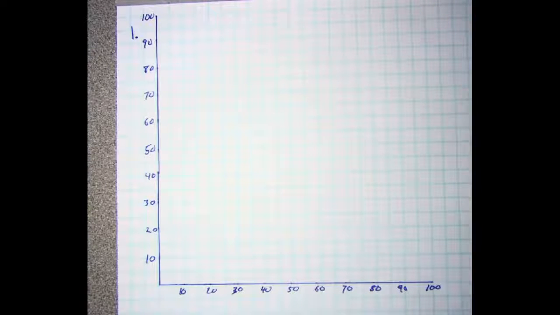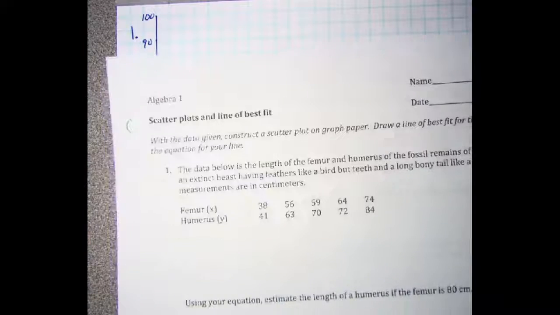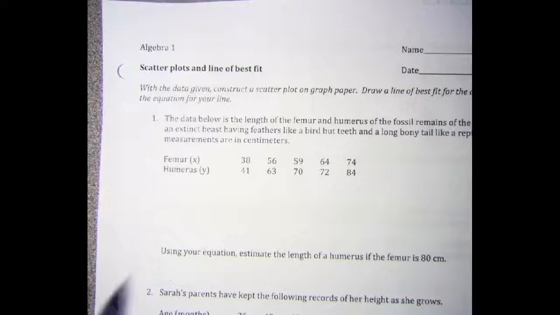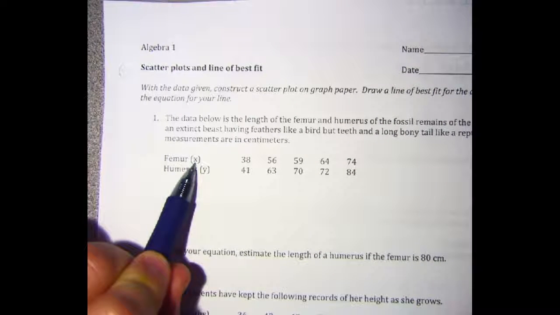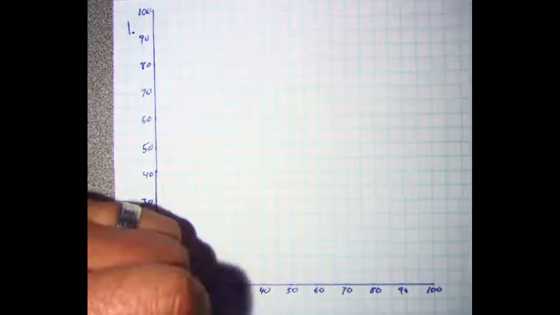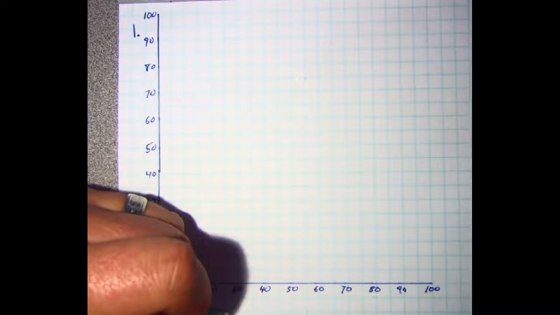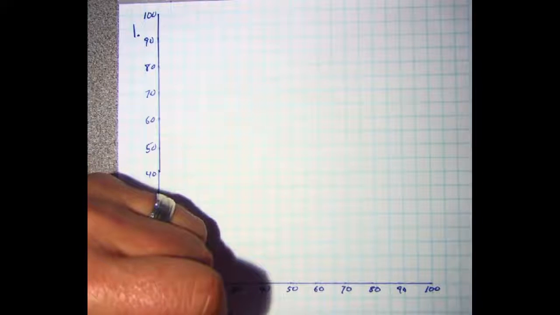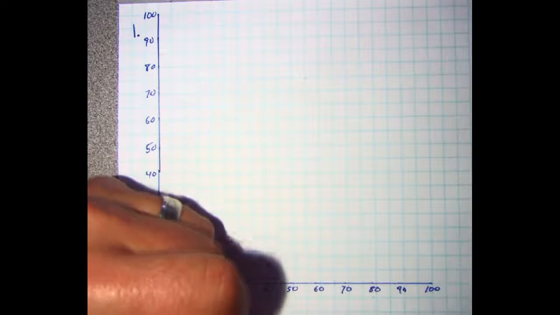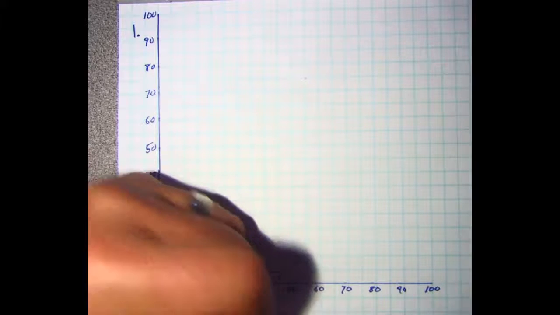Just like we did before, look at what you're graphing and label it. You can see here the femur we're going to graph on the X. So we can write down here, I think it's the length of the femur. Yeah, so I'll write down here length of femur.